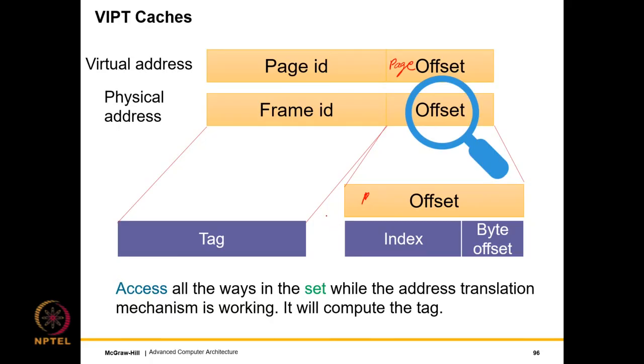If my addressing scheme of the cache is such that the tag comes from the mapping phase and the rest is a part of the offset, then the set index is not dependent on the mapping. The key important point is that the index, which is the set index, is not a function of the mapping. The brilliant idea is that I can use this index to access all the ways in the set, read my tag and data blocks, and at the same time also do the mapping.